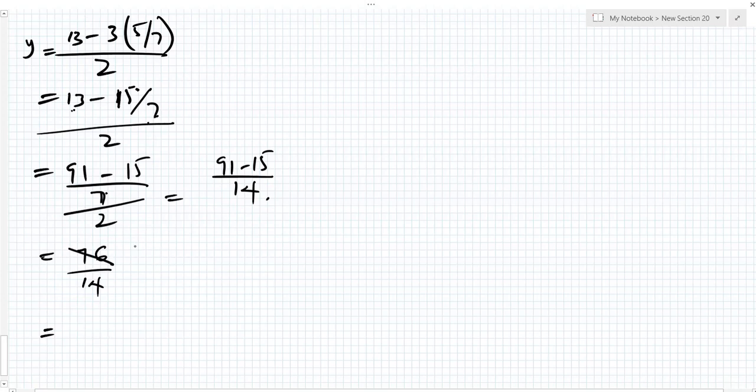At this you have 38. Divide this by 7. How many times does 7 go? You have 5 and 3/7 for y.